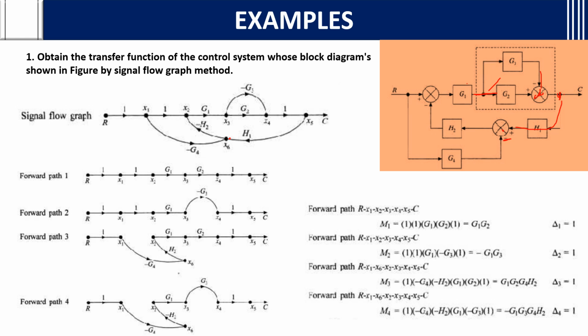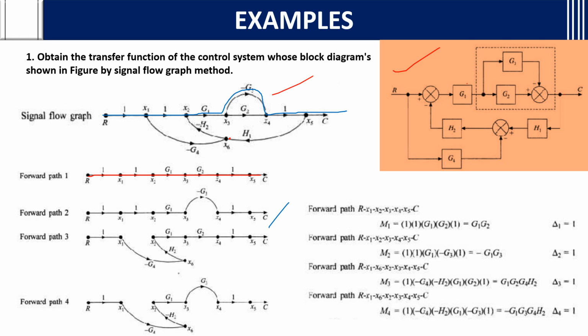What we did here: summing points and input nodes are all considered as nodes and connected according to how the block diagram is connected. Now, according to Mason's gain formula, the signal flow graph method, we should first find how many forward paths are present. If you see, there is one forward path in this way, one more forward path in this way, and one more is also present.